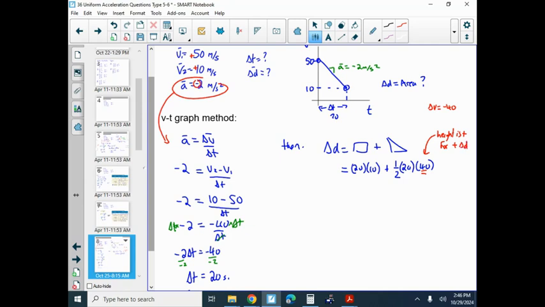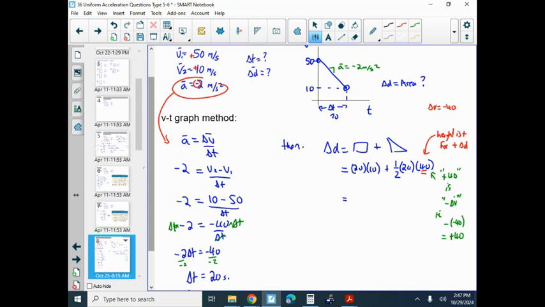I'm going to introduce something to you here so that it makes sense later in the lesson. But really, if you think about it, that positive 40 really is negative delta v, isn't it? So in other words, it's the negative of -40, which equals the positive 40. So if you think of what's there, that's actually a negative delta v, and that's going to be important later on in this lesson.